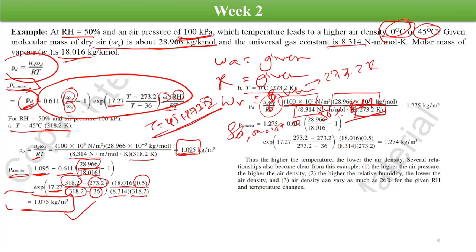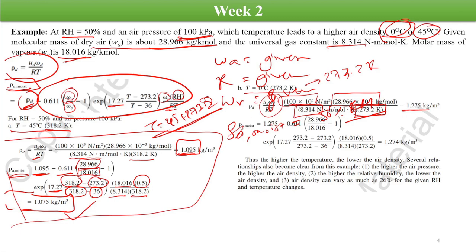Okay, so it will be 273.2 Kelvin. And after solving this, we'll get a dry density of the air, considering zero humidity, is 1.257 kilogram per meter cube.